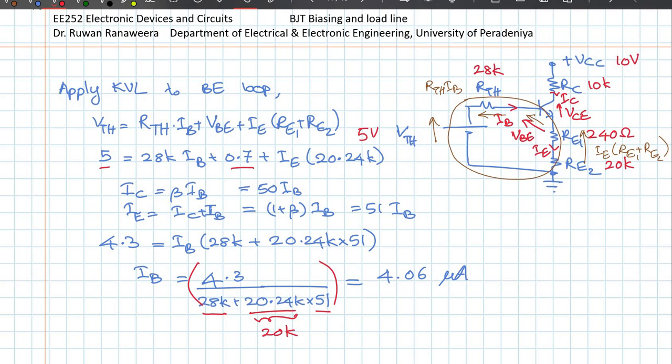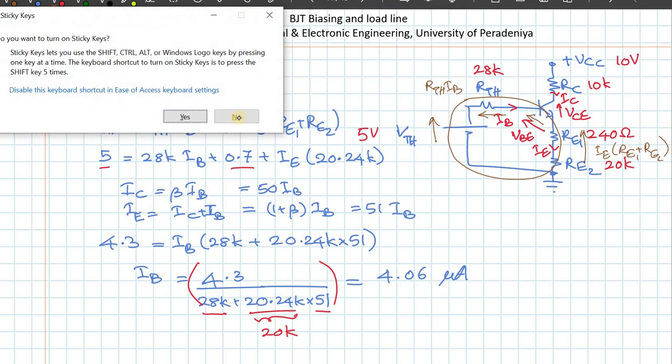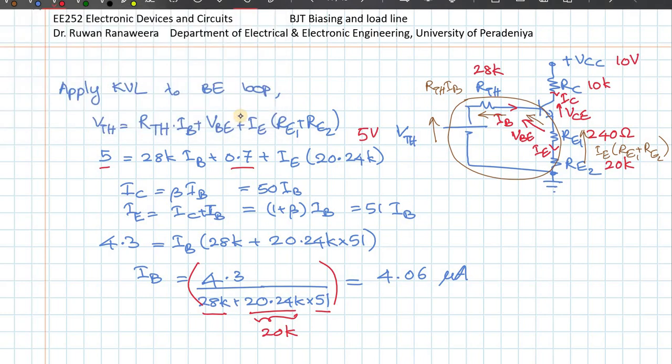A resistor value can vary within 5% plus or minus. So 20K within plus or minus 5% can actually be 21 or 19. So this 0.24K doesn't really make much of a difference considering the error that can be there in 20K. So for all practical purposes, you can consider this as 20K.